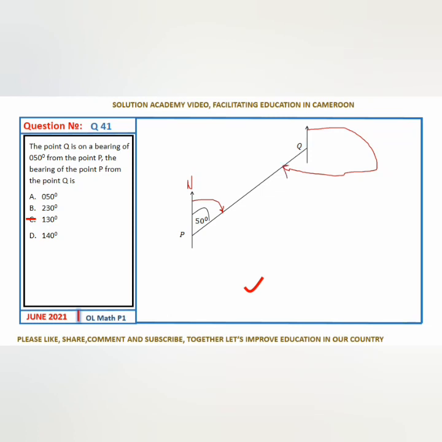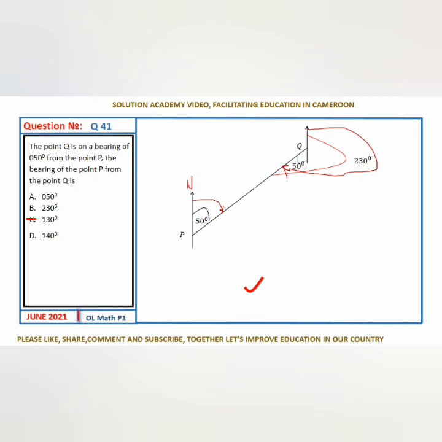This angle that we see is the bearing of P from Q. If you calculate properly, that angle is going to give us 230 degrees. But trust me, this is a unique solution academy. I'll make you understand how 230 degrees comes about.